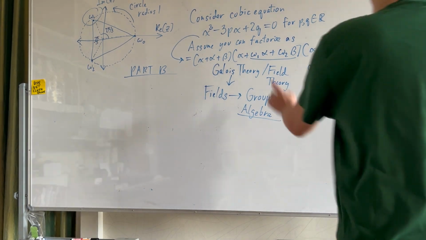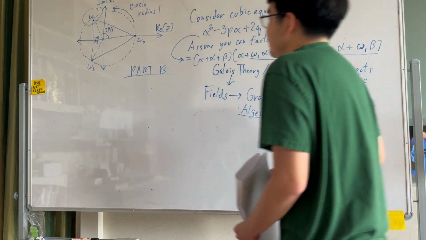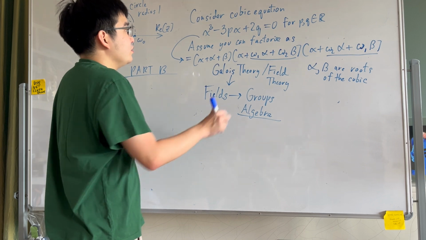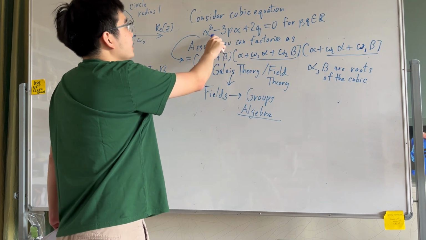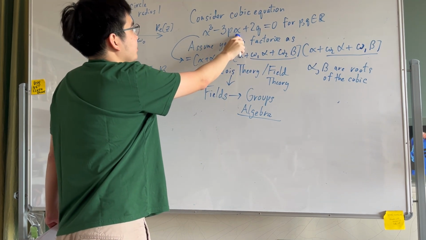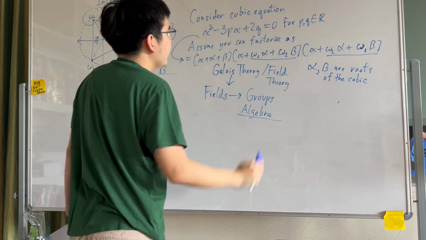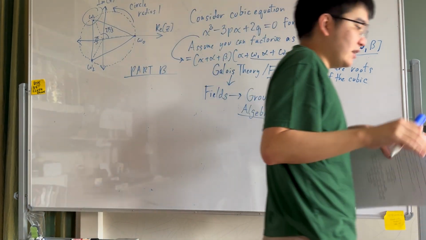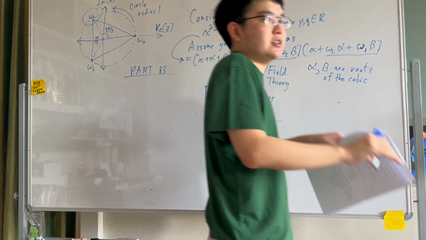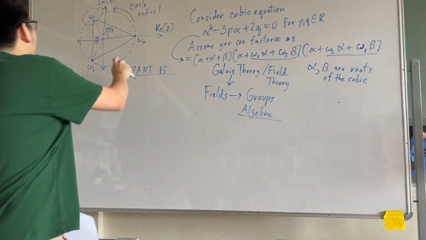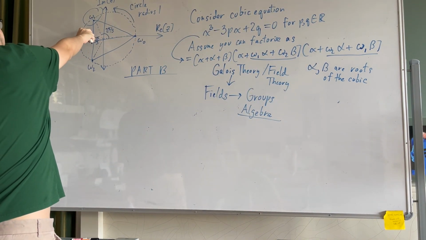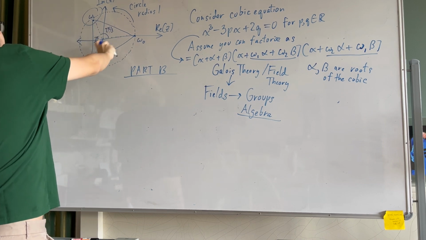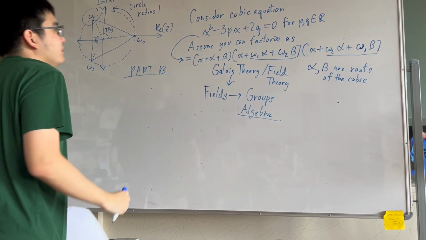You're taking a linear combination of these roots. Therefore, you are finding the roots to your cubic polynomial, x cubed minus 3px plus 2q, and then you're scaling them, dilating their length by the amount of these complex roots here. Omega 1, omega 2, omega naught.